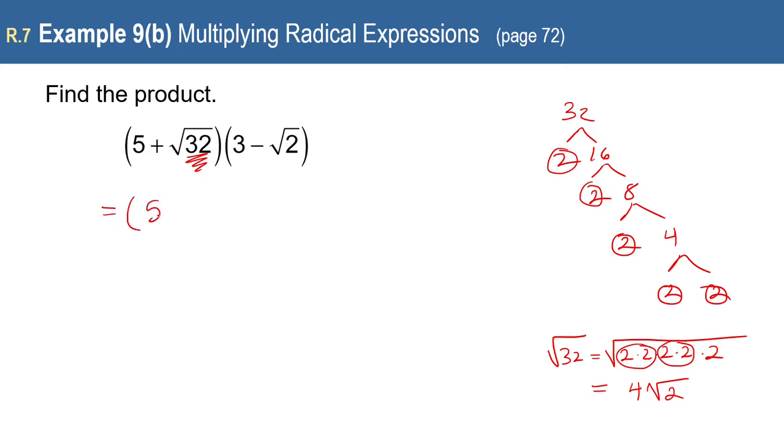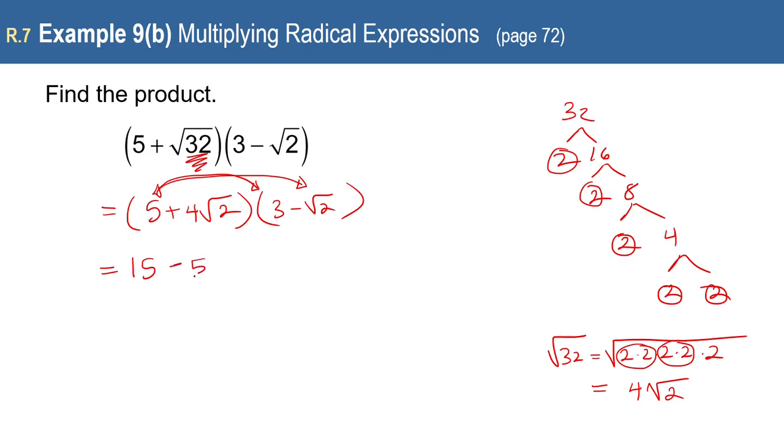This is 5 plus 4 root 2 times 3 minus root 2. And now we can FOIL. 5 times 3 is 15. 5 times negative square root of 2 is -5 root 2. 4 root 2 times 3 is 12 root 2.